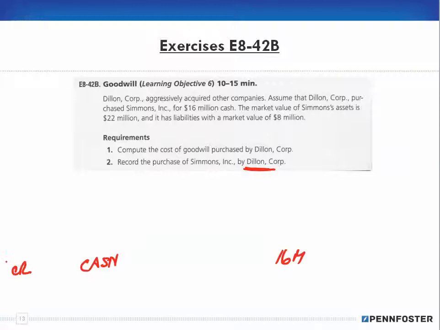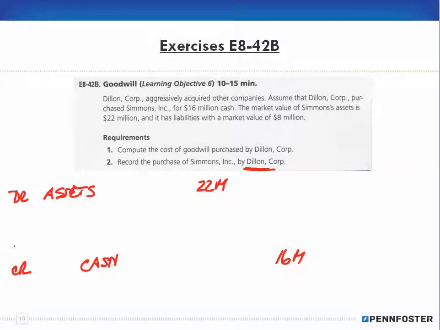They're taking on the assets, and the assets are a debit because they're getting the assets, and that has a market value of 22 million.